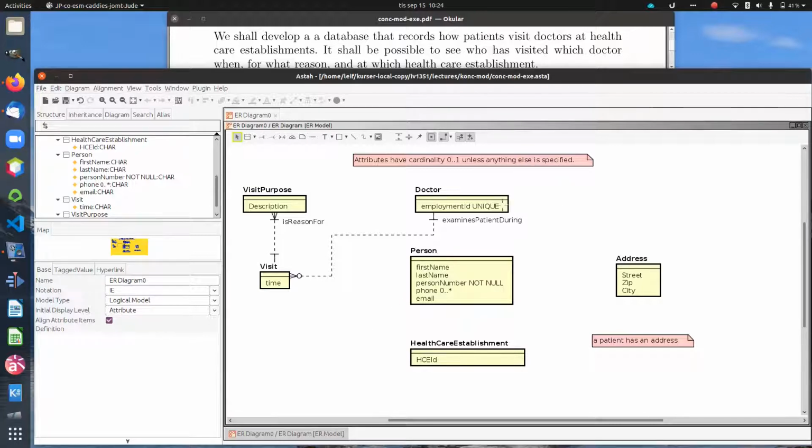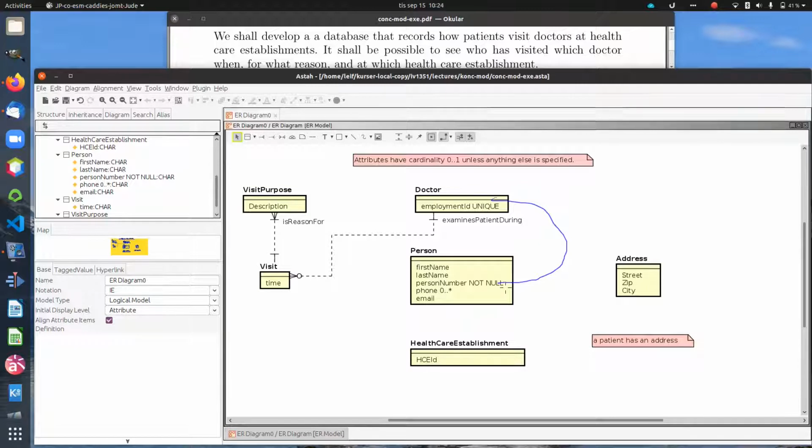And now we look at an interesting relation between doctor and person. So the reason for this relation is that the doctor can be a person. The doctor is a person, and the doctor has all the data of the first name, last name, person number, and so on of the person.